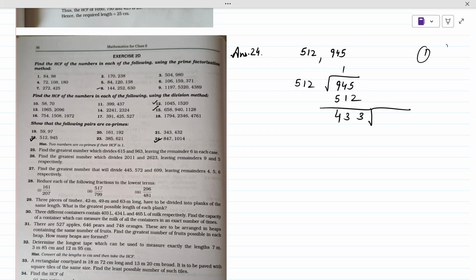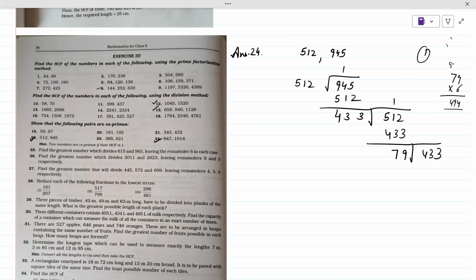And again step 2, 433, 12 minus 3 will give us 9 here, and 10 minus 3 will give us 7, 79 with 433. So let me try with 6. 9 into 6 is, sorry, wait. Yeah, 54. 7 6 42 plus 5 is 49, which is greater than this.